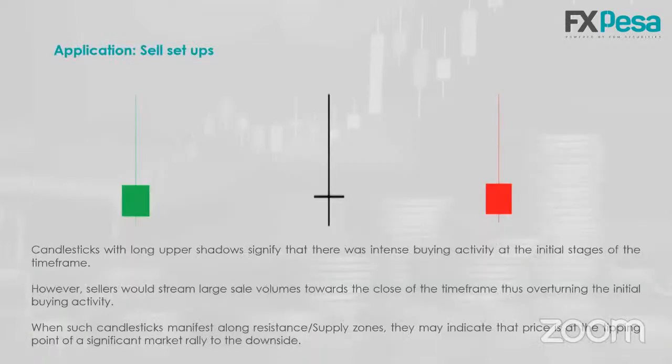Let's look at the selling setups or bearish reversal candle setups. The bearish reversal candlesticks will have very long tails or very long shadows. Usually the tail takes more than 70% or 75% of the candlestick, and then the body or the head is usually small.